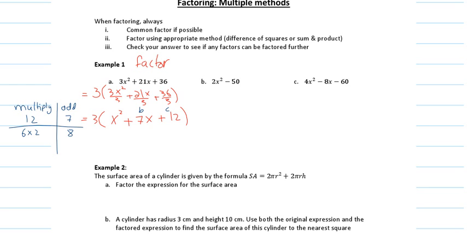Give me another factor. 3 and 4. What do 3 and 4 add to? 7. Is that what I'm looking for? Yes, because I want them to add to 7, right? So that means this is the factor that I'm looking for. Yes? We all agree on that? Good. So now that 3 doesn't go anywhere, guys. You see how I'm carrying it down? It does not go anywhere. You have to leave it there.